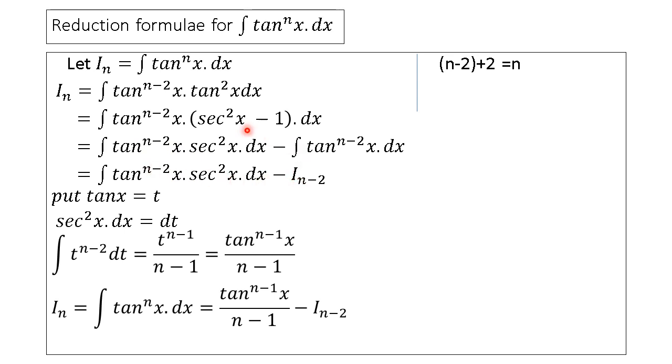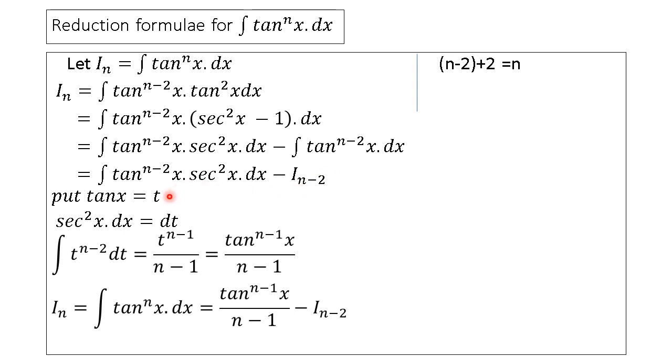See here, our given I_n is equal to integration of tan to the power n x. Therefore, I_n minus 2 means integration of tan to the power n minus 2 x. So we can write integration of tan to the power n minus 2 x as I_n minus 2.